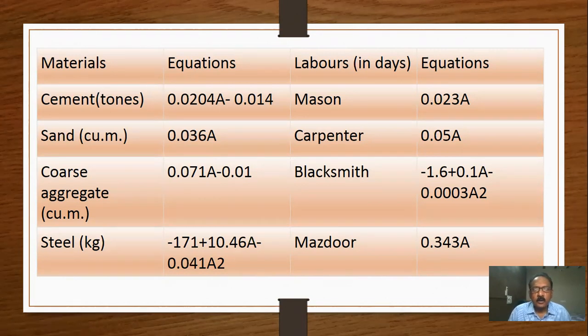Why am I explaining this in detail? Because you can do a mini project or major project on this approximate method. This is already developed, but instead of going with an existing project, this is a new area.